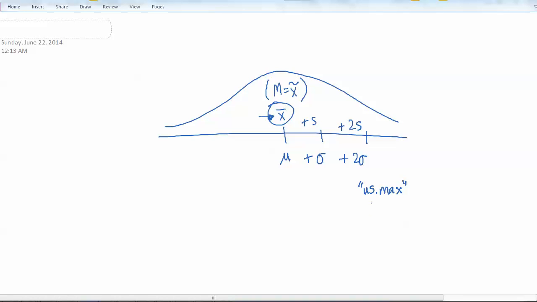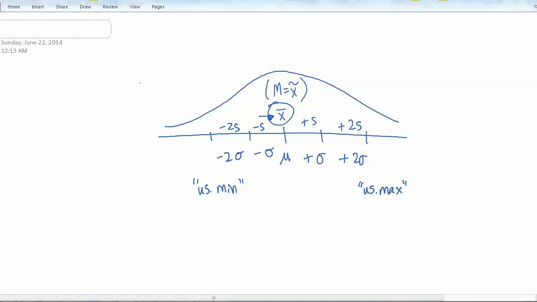maximum, and if I were to move the other direction in my distribution, minus s, minus 2 s's, or minus sigma, minus 2 sigmas, this would be my usual minimum, right?